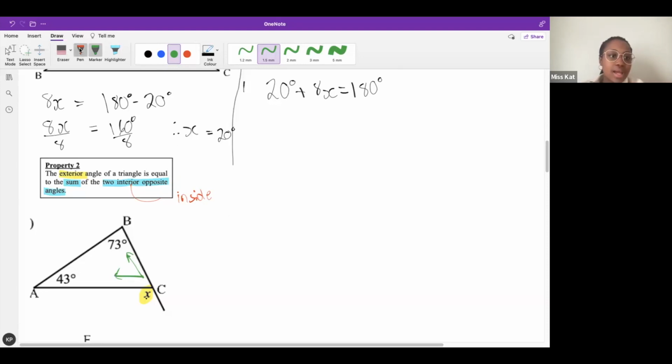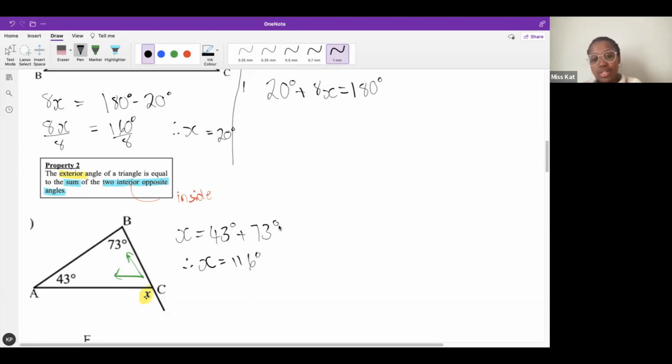So x will then be equal to the two opposite interior angles, which is 43 degrees plus 73 degrees. Therefore, x is 116 degrees. And my reason will be, it is the exterior angle of a triangle.